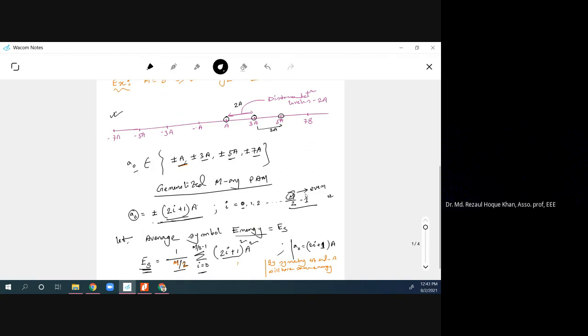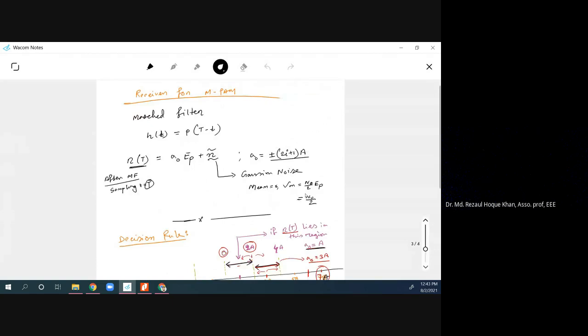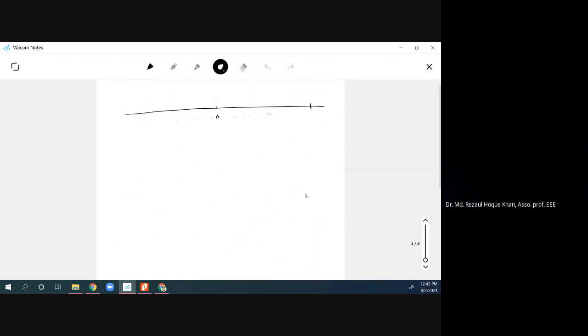For the last point, when I equals M by 2 minus 1, what is A0? A0 was twice I plus 1 times A. With I equal to M by 2 minus 1, the value is M minus 1 times A.